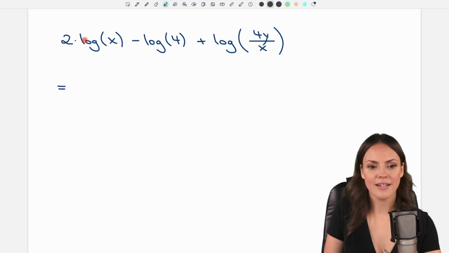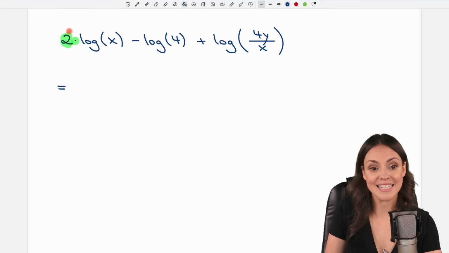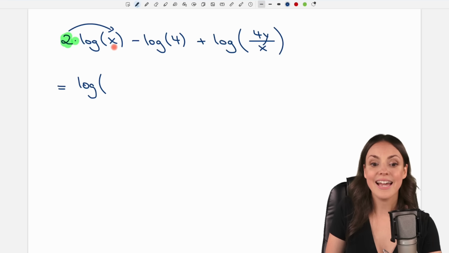Maybe we start here where we have a factor in front of our logarithm. So what we are allowed to do is take this factor and write it as an exponent in our logarithm. Let's start here. So we have log of x, so everything that was in here, and this green factor is going to be my new exponent inside here.